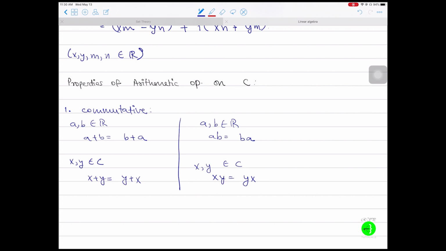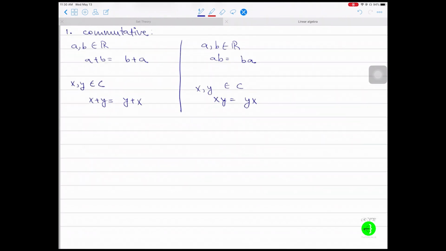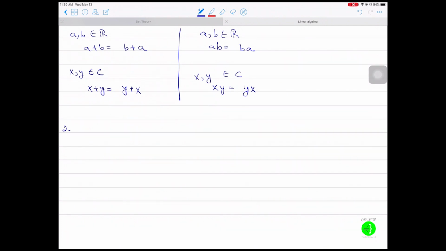Second, we will talk about associativity. Same as real numbers, if we had real numbers a, b, and c, then we know that a plus b plus c would be the same as a plus b plus c, however grouped. And the same thing holds for complex numbers. If we have complex numbers x, y, and z, then (x plus y) plus z is the same as x plus the sum of y and z.